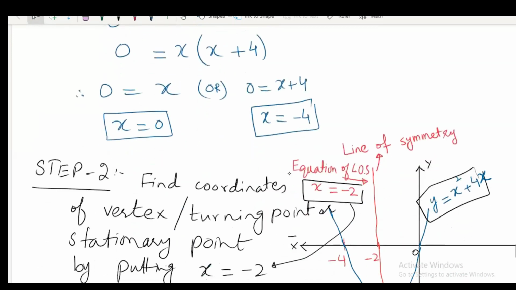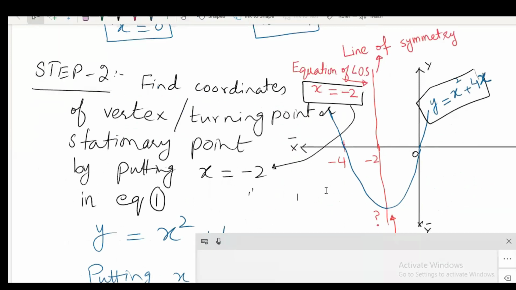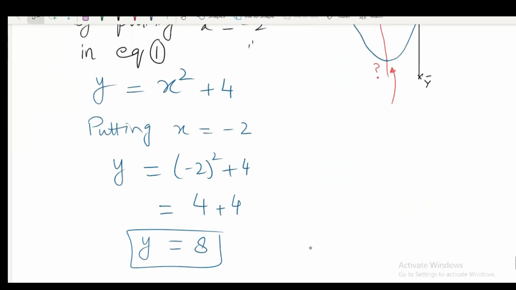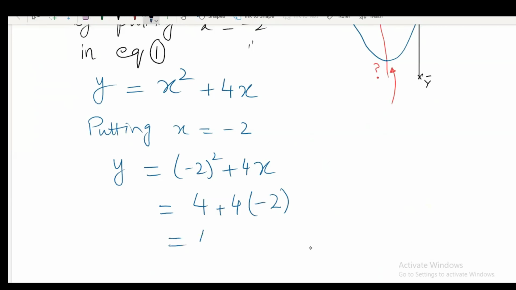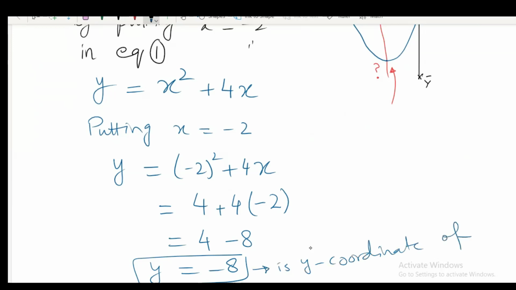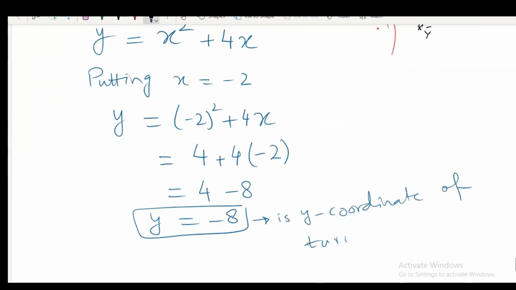So it is 4 minus 8, and 4 minus 8 is minus 8. So y equals minus 8 is the y coordinate of the turning point, or vertex, or stationary point.